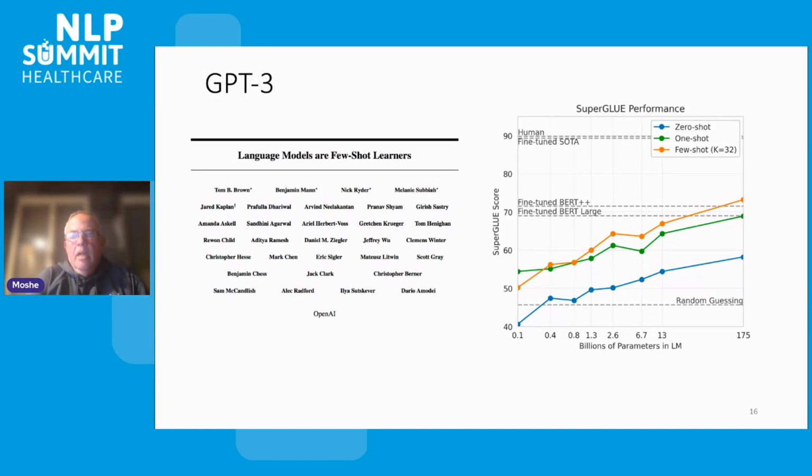Indeed, GPT-3 excelled in such low data resource scenarios. As we can see on the right-hand side, on SuperGLUE, a popular benchmark for text classification, GPT-3 score improves as model size increases, for 0-shot, 1-shot, and few-shot, 32 samples scenarios.